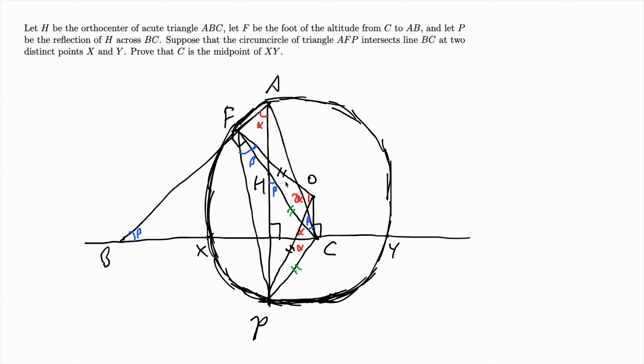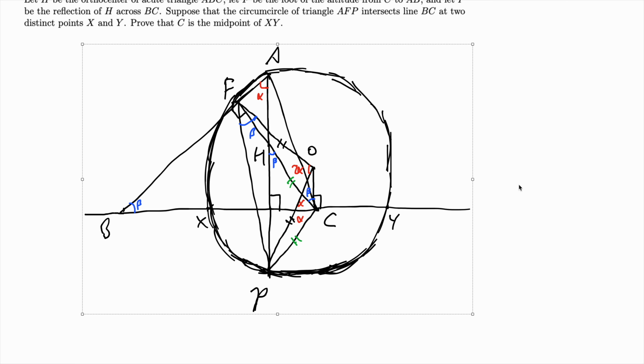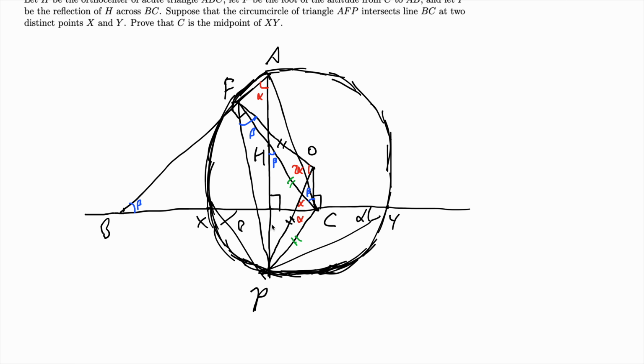I think the key for this problem is, I remember spending lots of time solving it because I did really meaningless stuff. I defined this to be alpha, this to be beta, and this to be gamma, and so on. So I think our first key is to realize what the significant angle is. In this case, alpha is not a bad choice because we reflected this, so we could get more information out of it using the reflection.